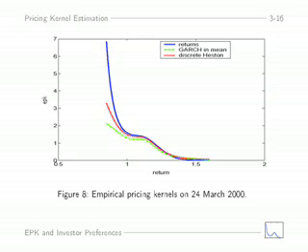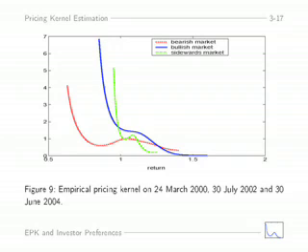So if we divide these two, we get the empirical pricing kernel, which is generally decreasing, but around unit returns it has a hump, so it's not monotonous. And this picture is quite persistent over different times and over different methods.